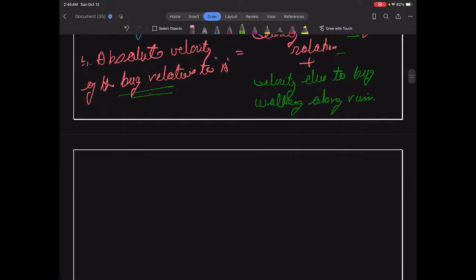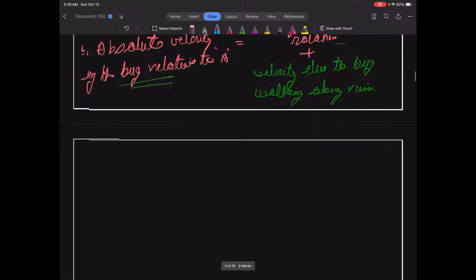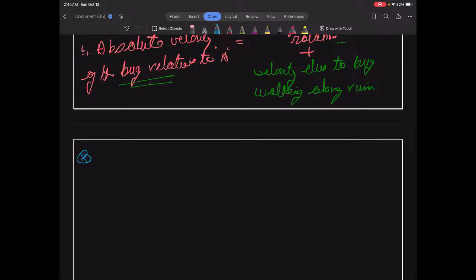Next, we are going to find out what will be the angular rate of the bug in the inertial frame.